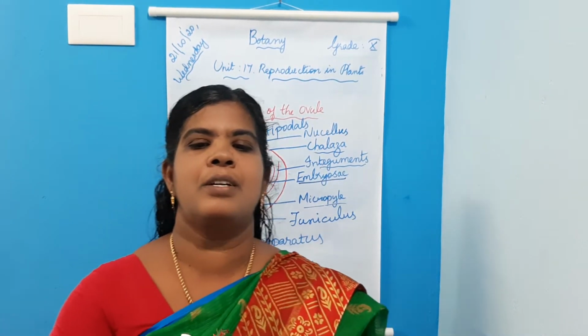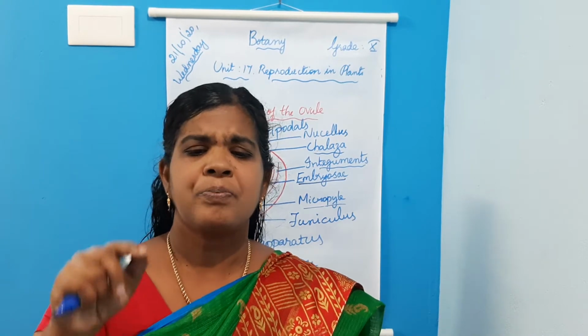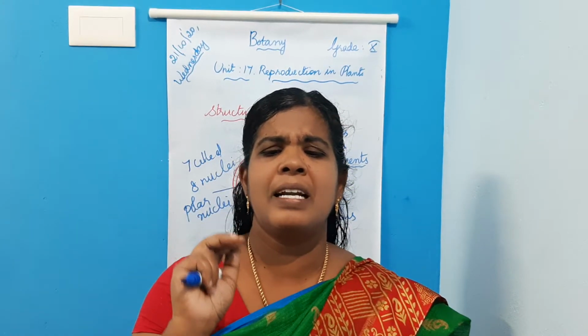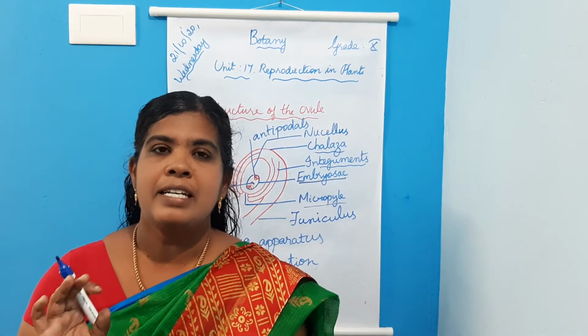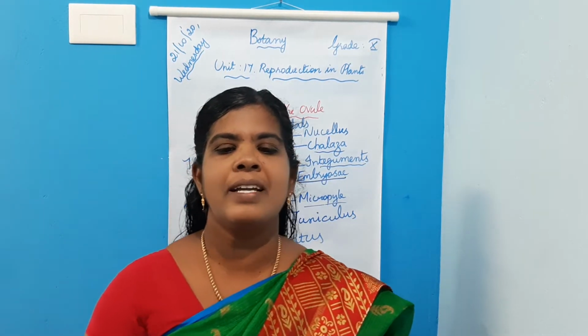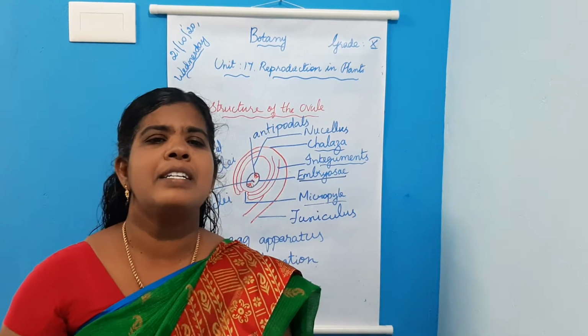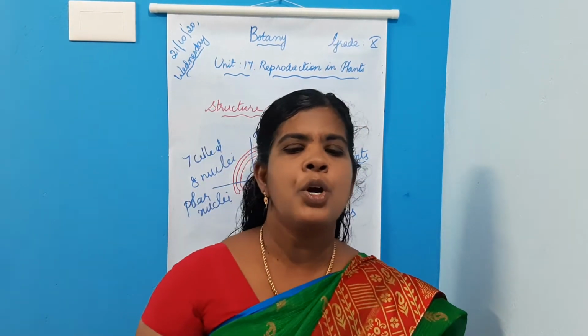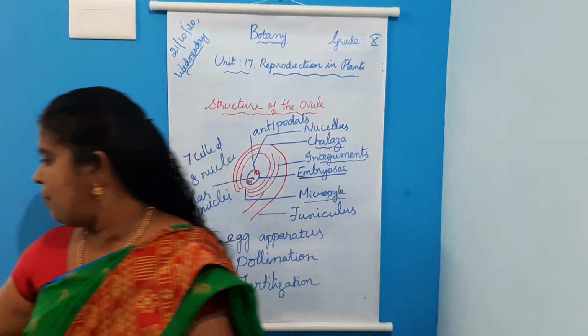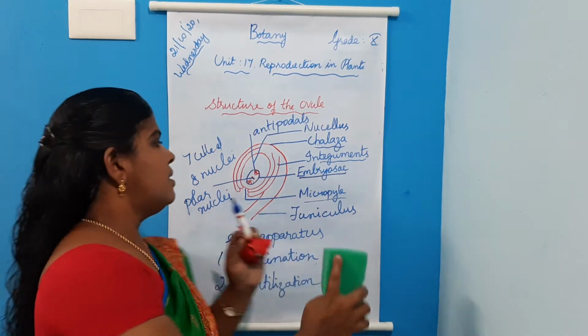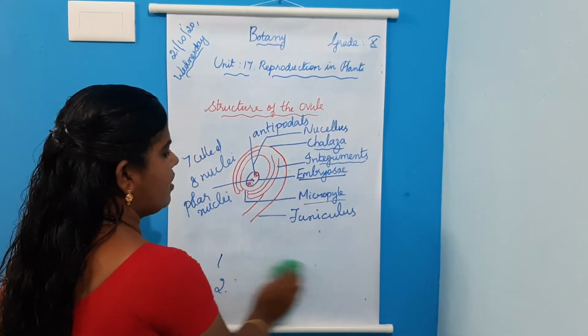Pollination is important because it results in fertilization, which leads to the formation of fruits and seeds. Then new varieties of plants are developed through new combinations of genes due to cross pollination. There are two methods of pollination, that is self-pollination and cross-pollination.